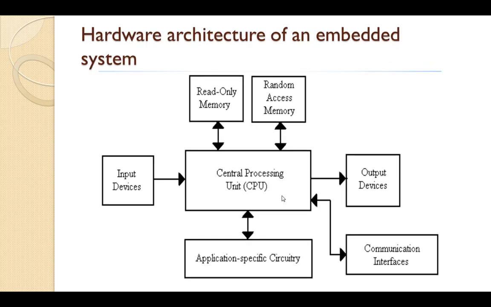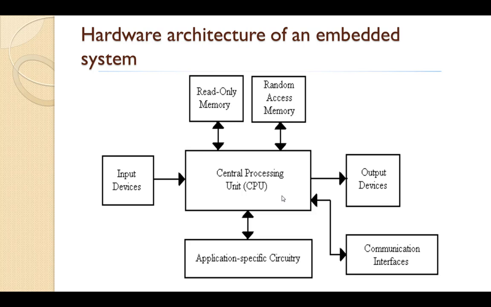Okay, let us see how exactly the hardware architecture of embedded systems looks. It has a central processing unit to process all the data. As I said, I need input devices and output devices. And for example, if I want to run some application specific circuitry, like if I want to trigger any light or any motor, it has its own application specific circuitry.